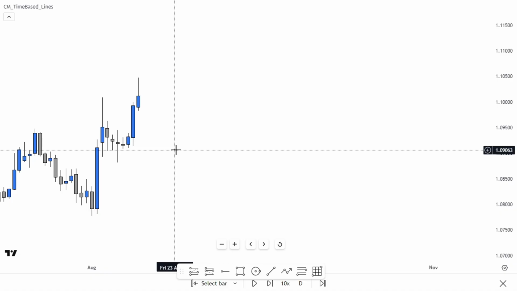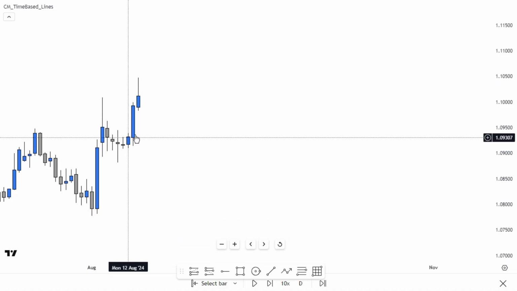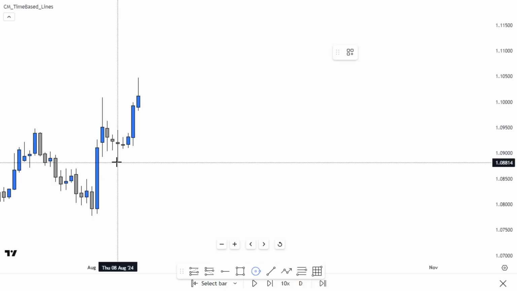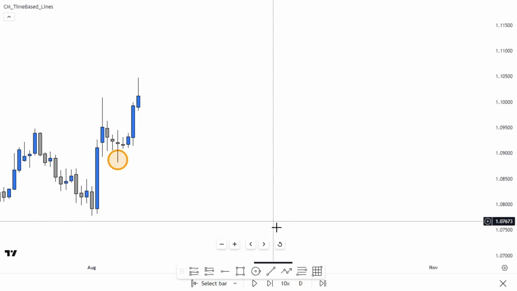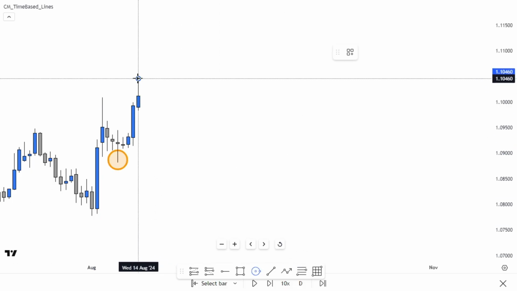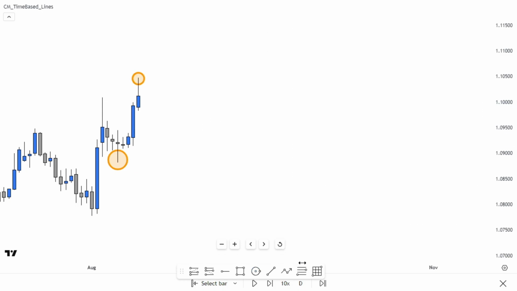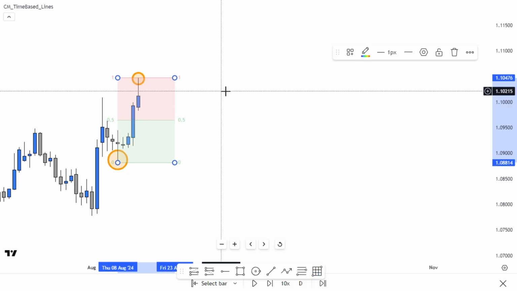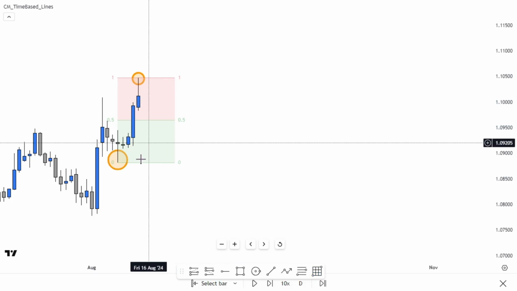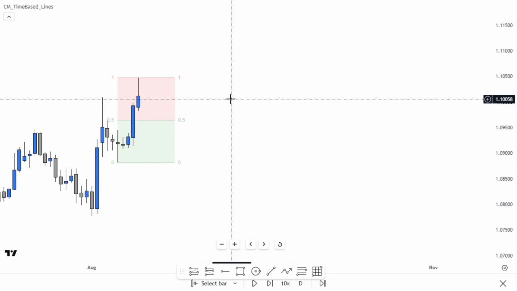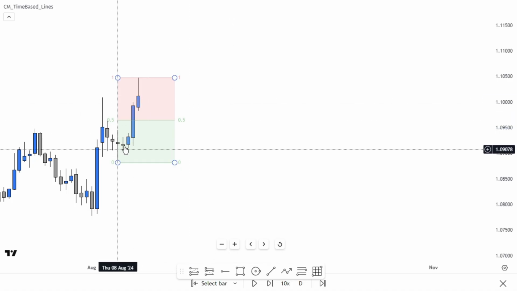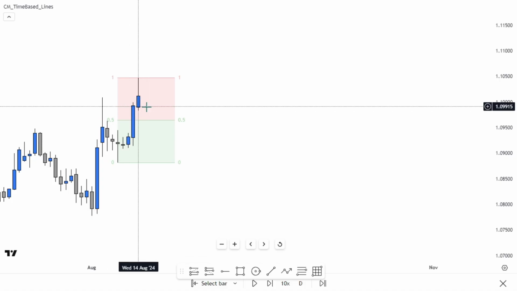As you see here, we have a clear range right here. Price made a clear low here and has a high right here. So we need to grab our Gann box and mark out our ranges from the low to the high. And as you see, if we're looking for long setups, we need to be able to find a PD array or an entry confirmation within the discounted area.